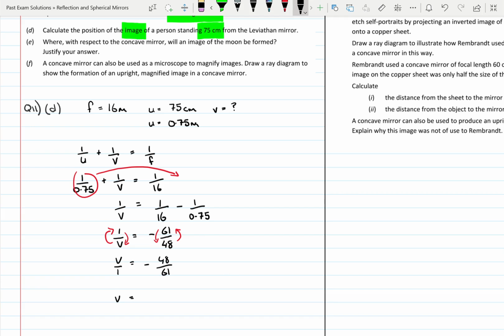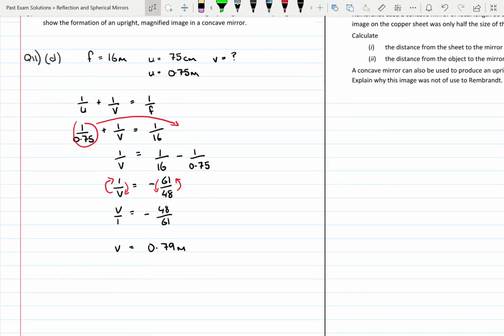Into the calculator, 48 divided by 61 gives us 0.79 meters, and there's a minus there, which is minus 79 centimeters.